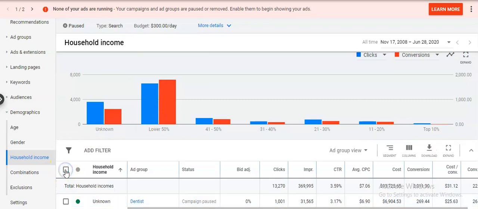If they type in the search box dentist, for example, and the keyword was in the dentist ad group, but the lower 50% people were excluded, your ad will not appear to them. But if somebody from, let's say, 21 to 30% types in dentist, your ad from that ad group will show to them, hopefully, if you have a high enough bid.